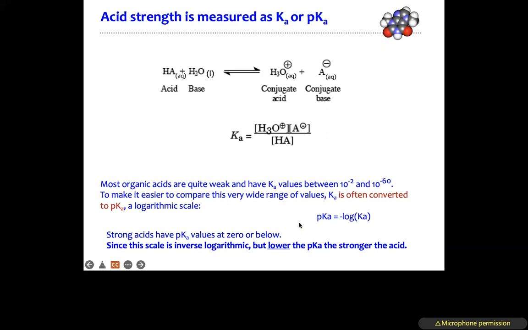The lower the pKa value, the stronger the acid. We can conclude that the higher Ka value and lower pKa value tell us that we have a stronger acid.